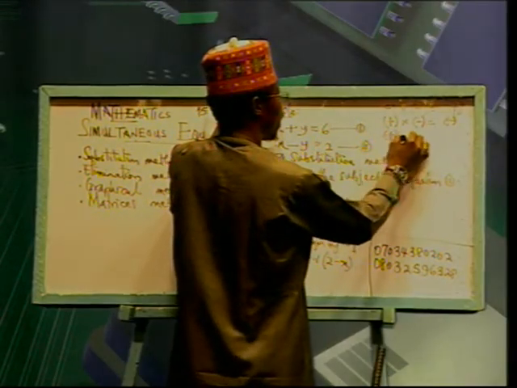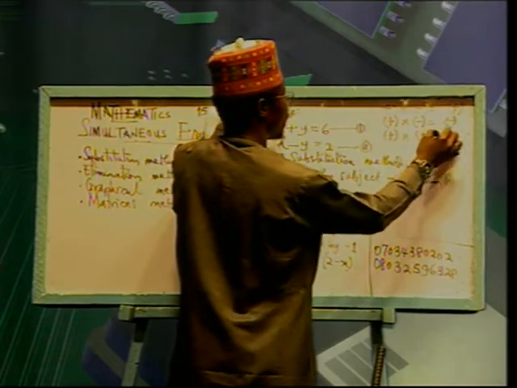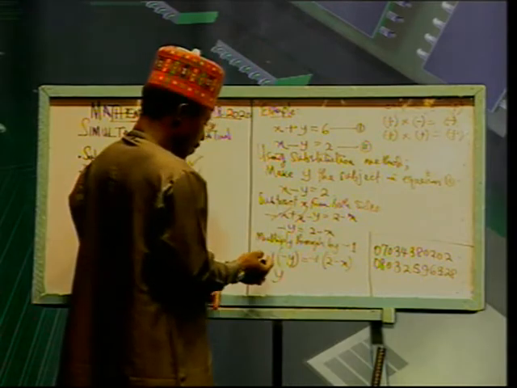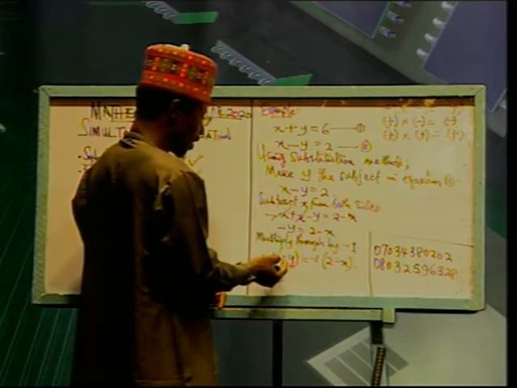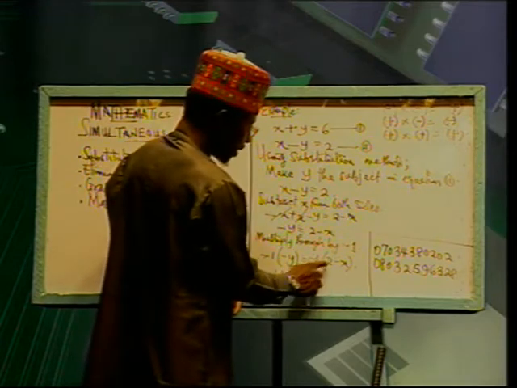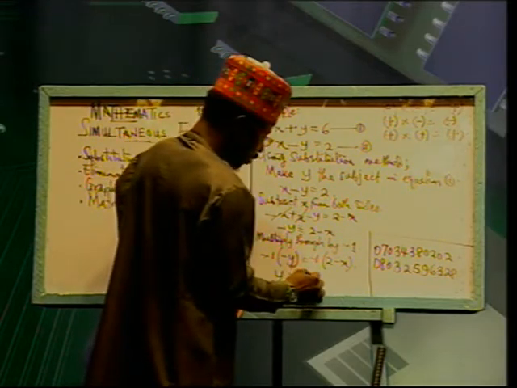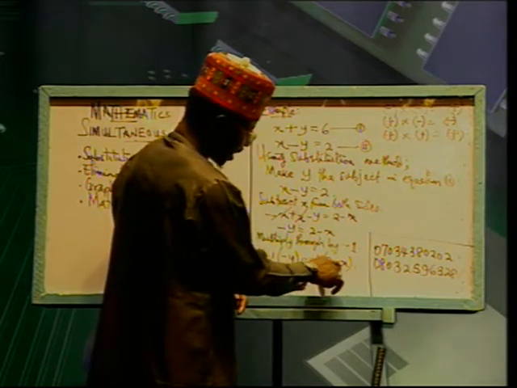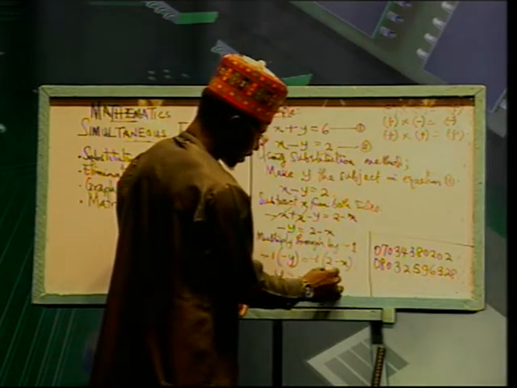Plus by plus gives you plus. So from here, minus by minus will give you plus, 1 times y will give you y, and equals minus 1 times 2 will give you minus 2. Minus 1 times minus x will give you plus x.